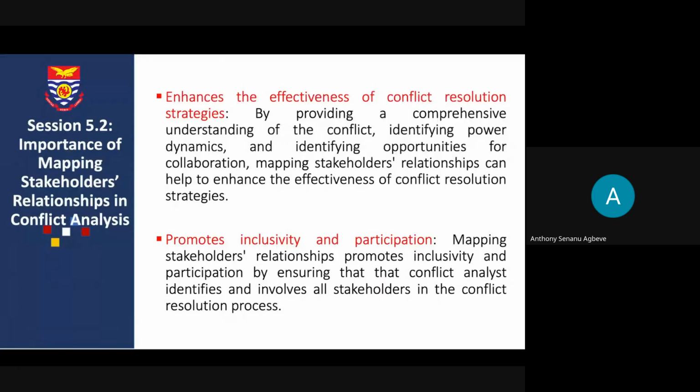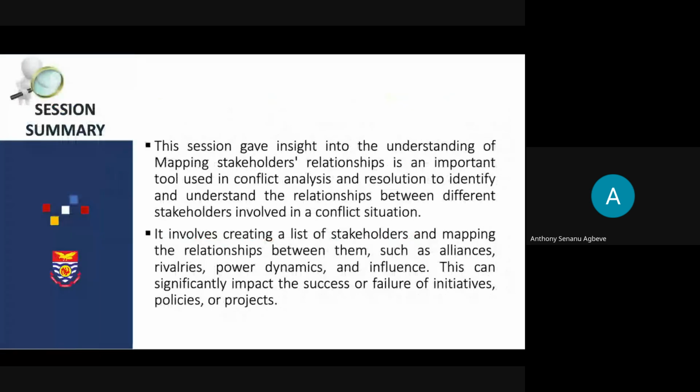But if one party does not feel included in the process or does not participate, once some recommendation is made, they'll kick against it, and then the conflict will still go on. So the stakeholder mapping tool promotes inclusivity and participation, because everyone is given the opportunity to speak, to share their interests and concerns, and all that, right? So that is how it promotes inclusivity and participation.